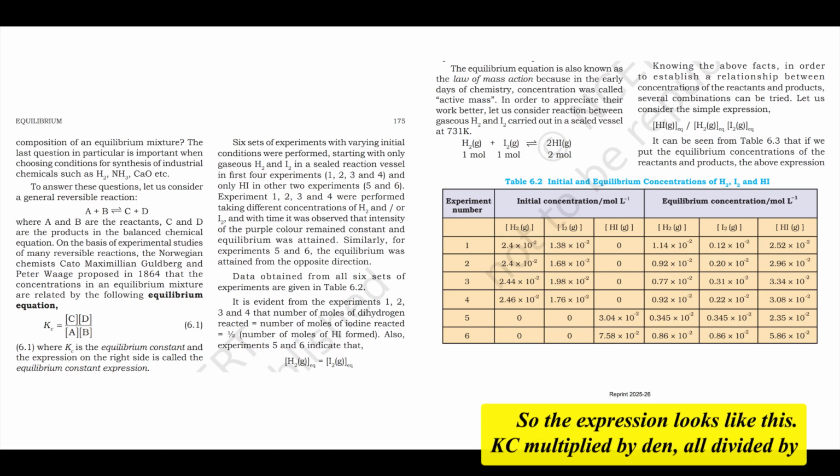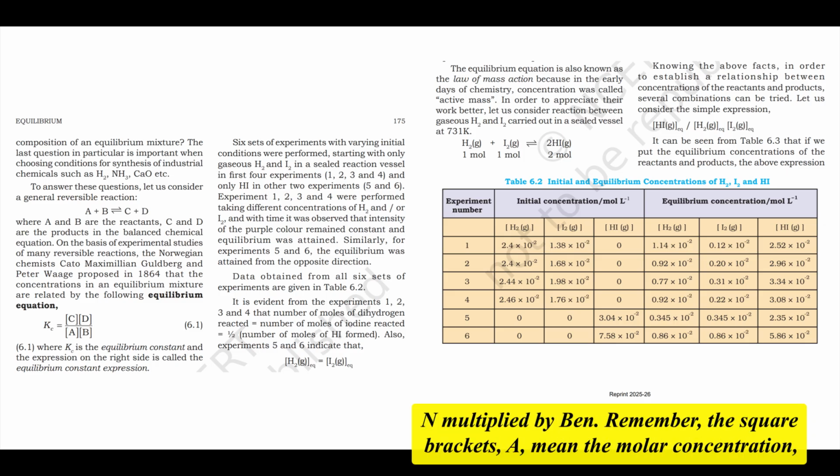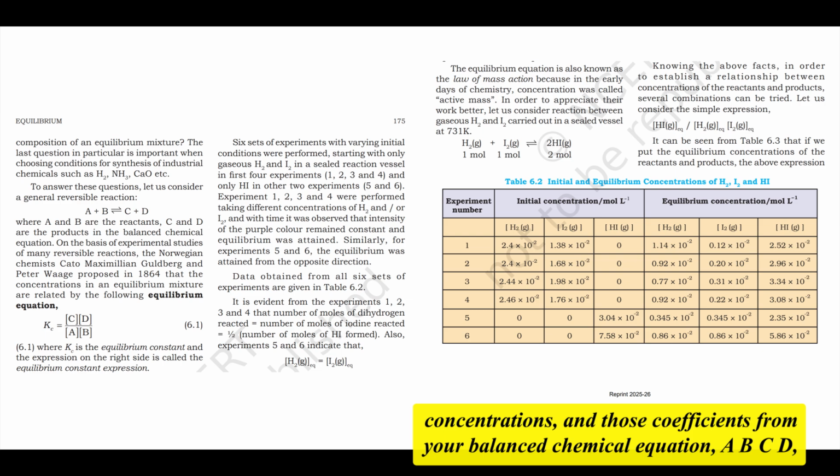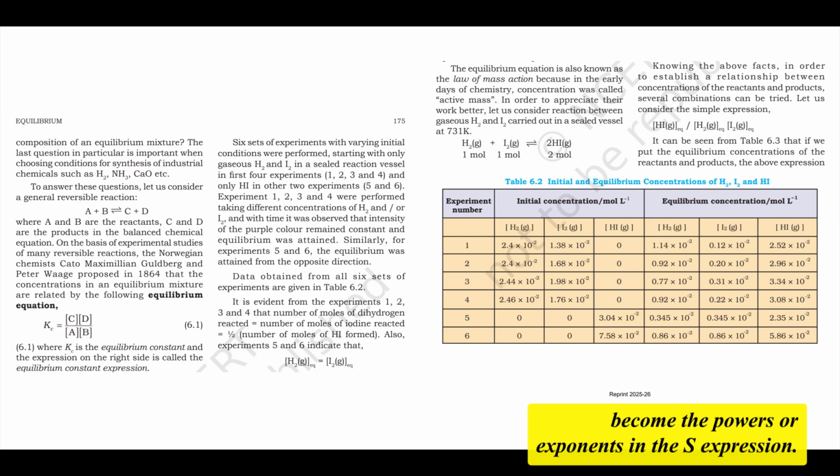So the expression looks like this: Kc = [C]^c [D]^d / [A]^a [B]^b. Remember, the square brackets mean the molar concentration, moles per liter, of each species at equilibrium. The subscript c in Kc reminds us we're using concentrations, and those coefficients from your balanced chemical equation, a, b, c, d, become the powers or exponents in the expression.